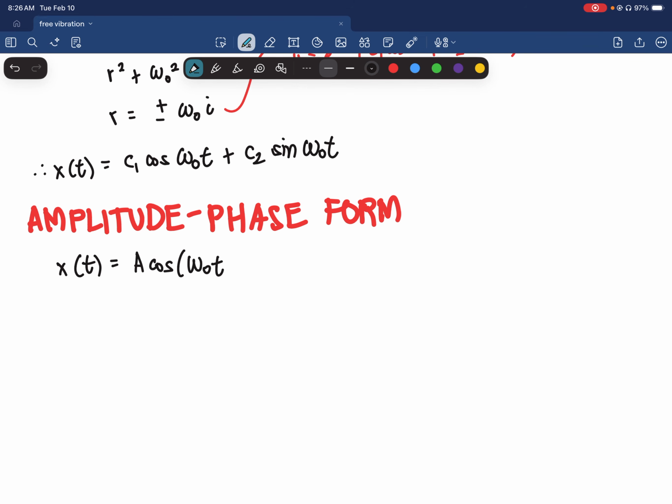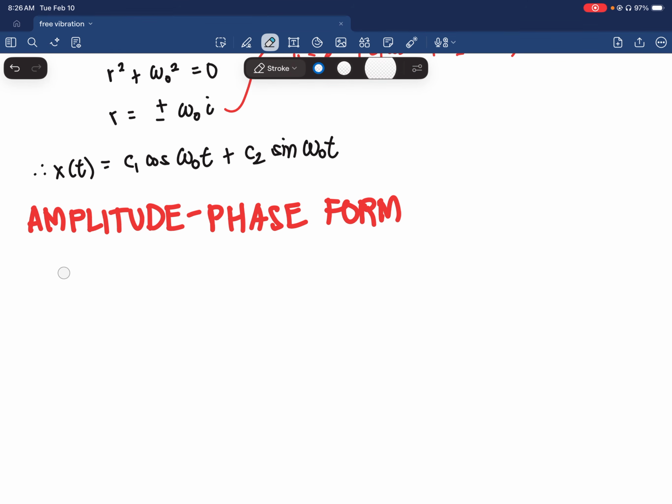And now, this could be plus or minus. But in this case, gamit tayo ng plus phi. Okay? So, explain natin mamaya kung bakit pwede siyang plus or minus. Alright. So, we will use our general solution here. So, copy lang natin to.